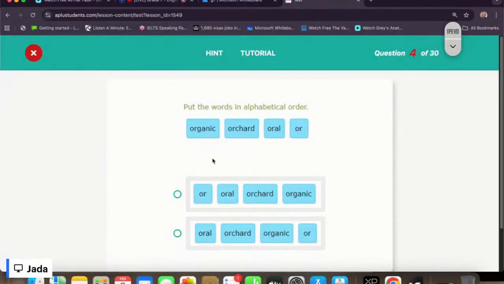First or second? Okay, so we have the first.